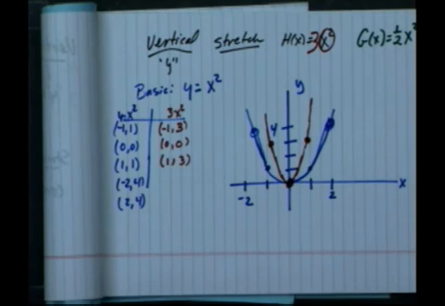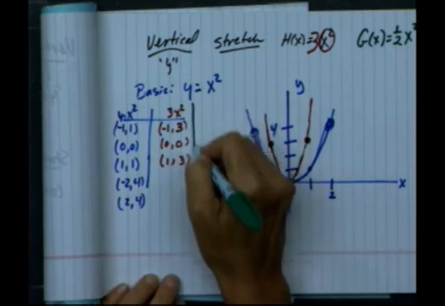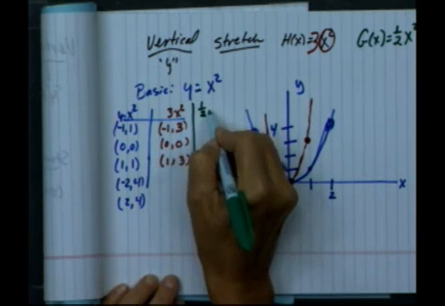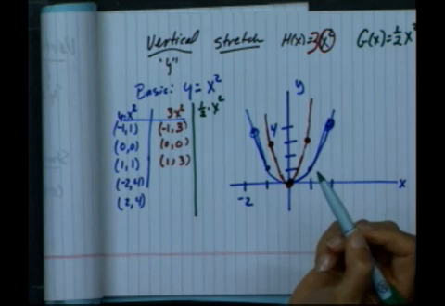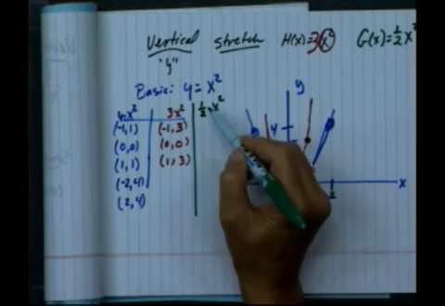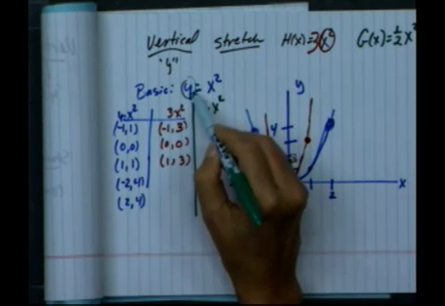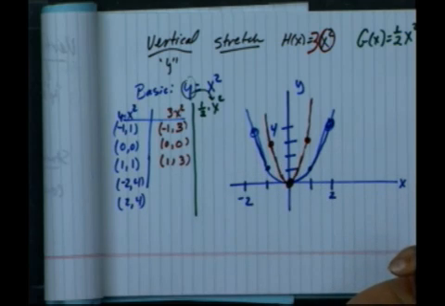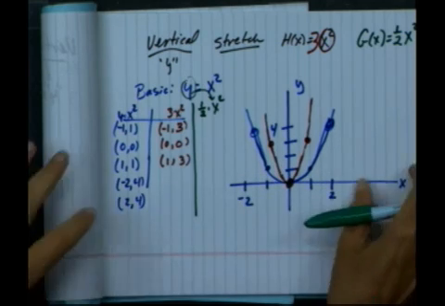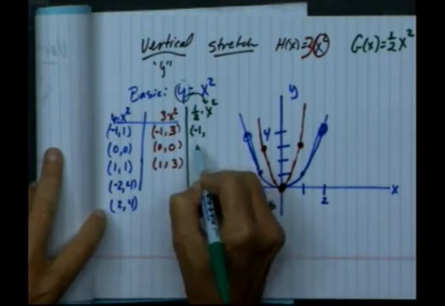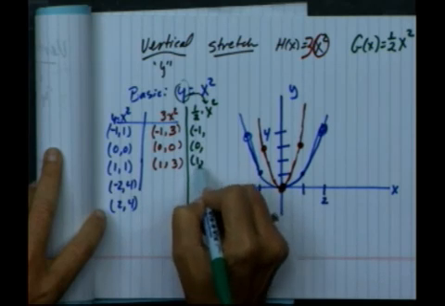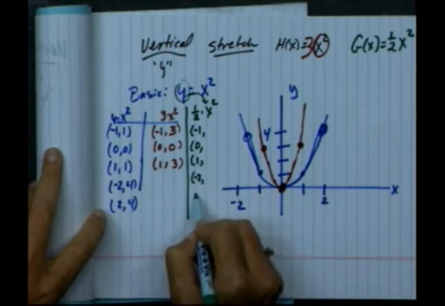Now we want 1/2 times our old y values. I keep repeating the same thing, but I'm hoping by the time you take a test, you hear me saying this to you on the test. I'm going to take my old y values and multiply times 1/2. Everybody see it? I still have the same old x values, which would be -1, 0, 1. Now I'm going to go -2 and positive 2.